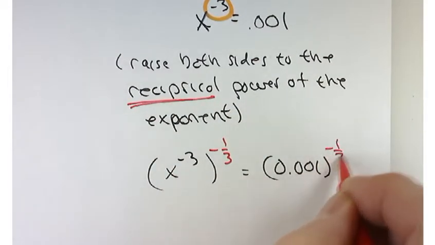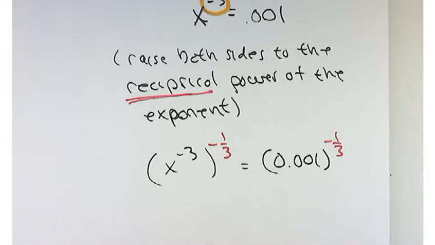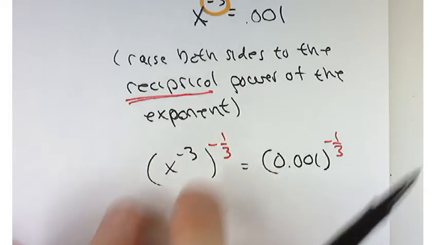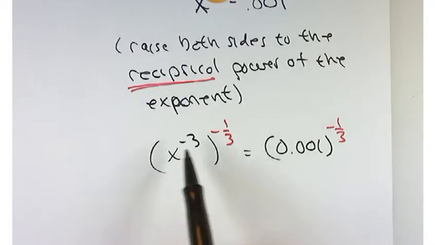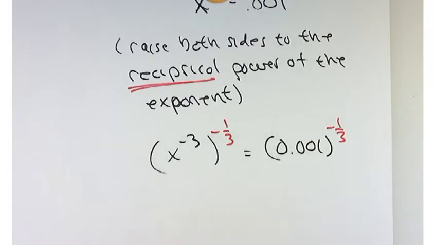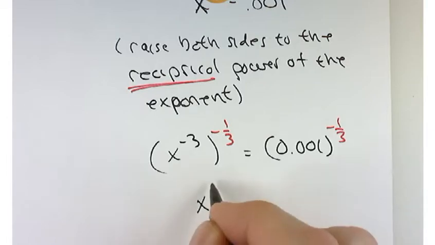So I'll raise both sides to the negative 1/3. Now on the left-hand side, as I remove these parentheses, I get negative 3 times negative 1/3. Those exponents multiply. What's negative 3 times negative 1/3? Yeah, just to the first power, so I just get x. X to the first power.